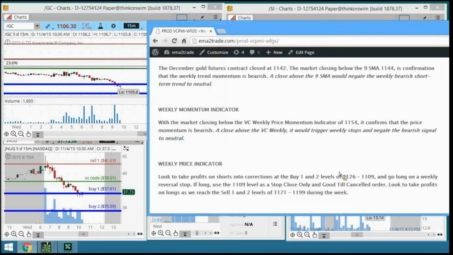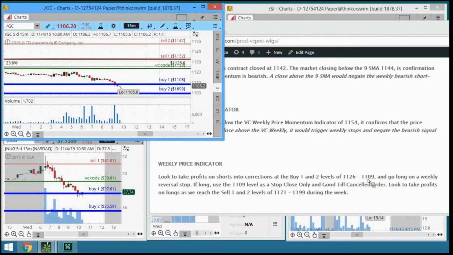And so we have actually met or matched precisely this level of B1 and B2 and are now oversold to the B2 level of 1109. On the weekly and the daily, the B2 level is 1099.